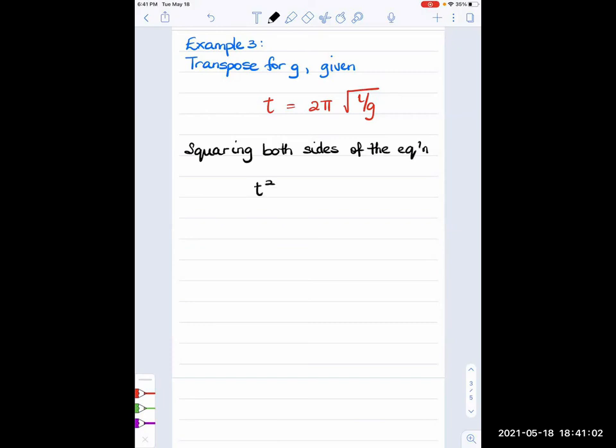T squared is equal to 2 pi squared L over G. T squared is equal to 4 pi squared L over G. Now the inverse of multiply by 4 pi squared is simply divide by 4 pi squared.